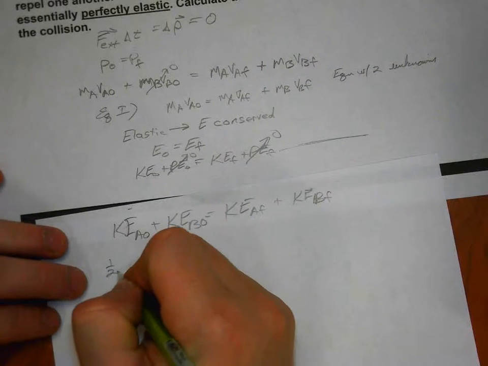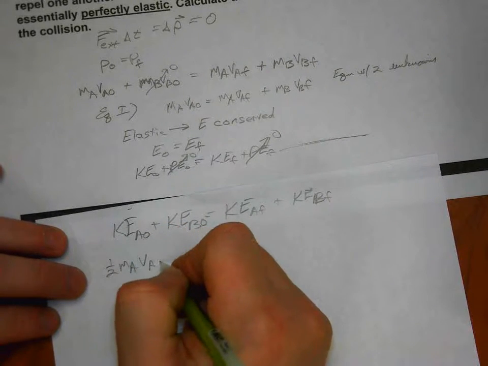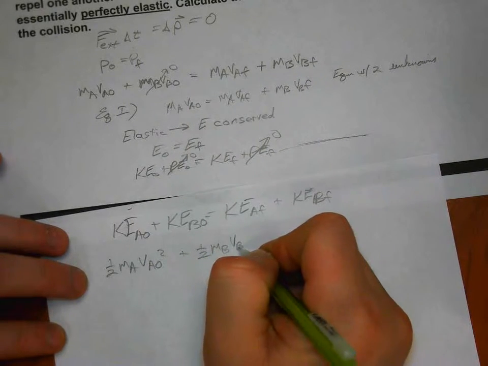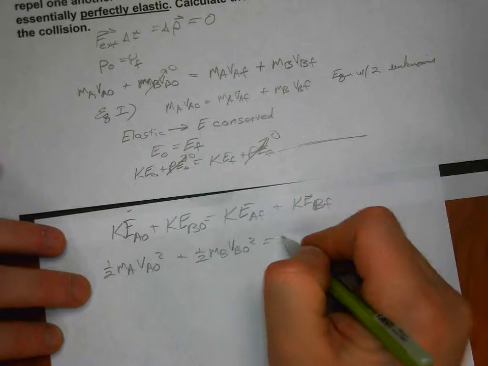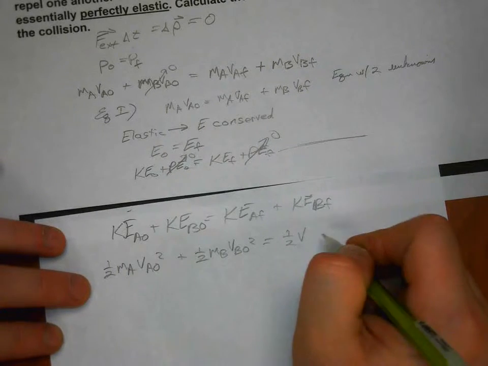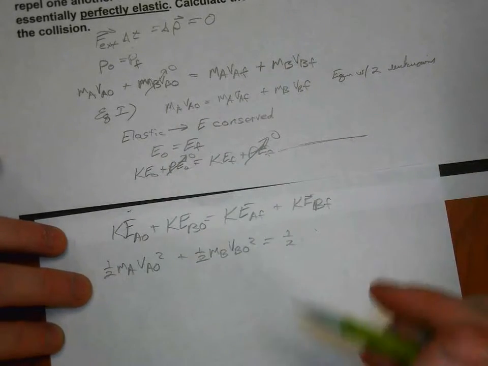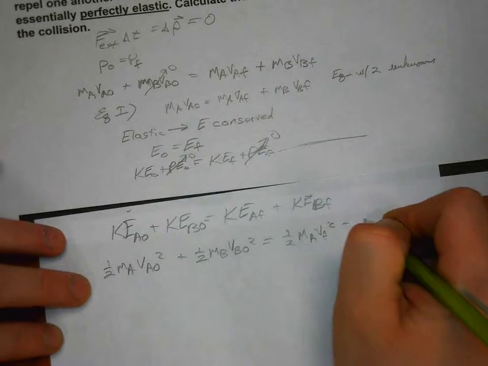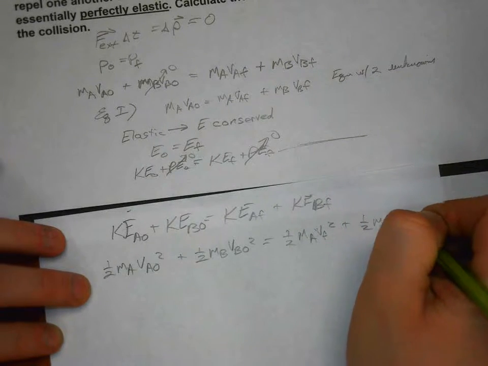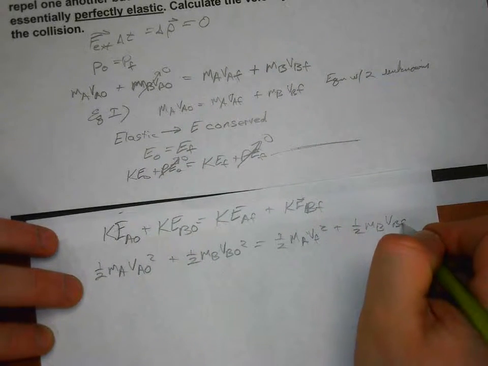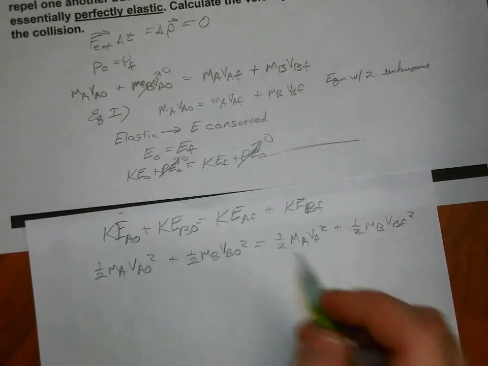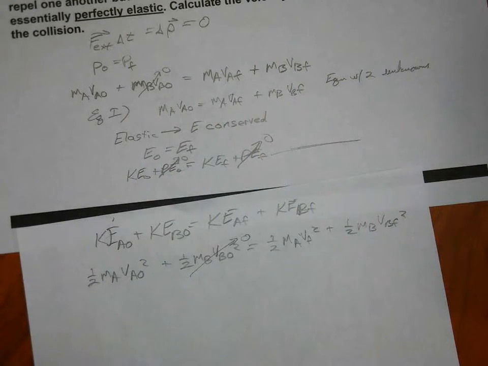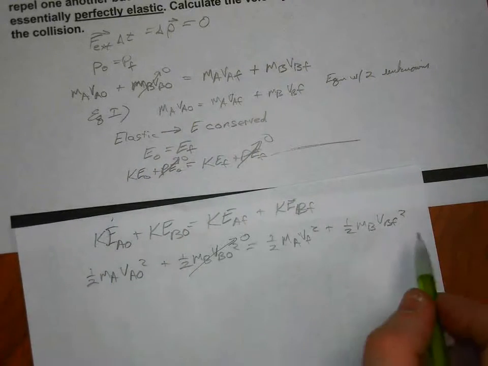So that equals 1/2 MA VA initial squared plus 1/2 MB VB initial squared, which equals 1/2 MA VA final squared plus 1/2 MB VB final squared. Okay, well, we know that this block in the beginning is 0, correct? So we just have this stuff.